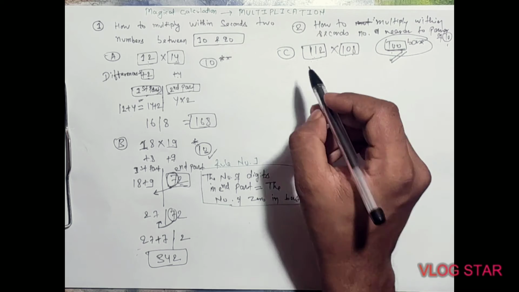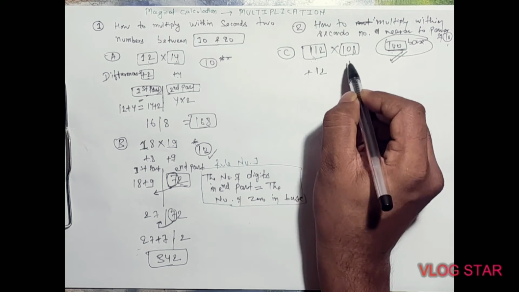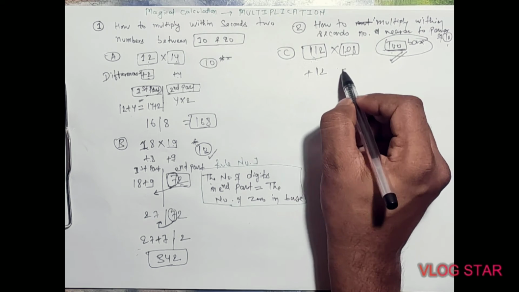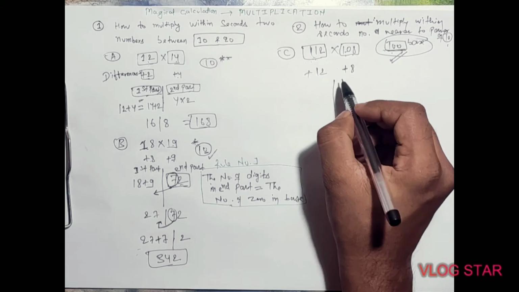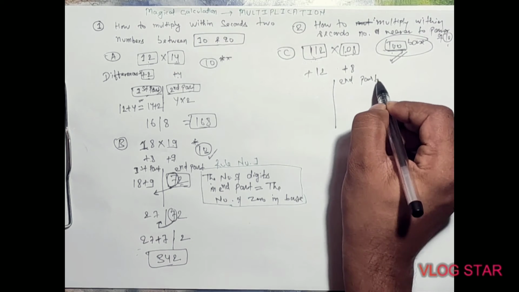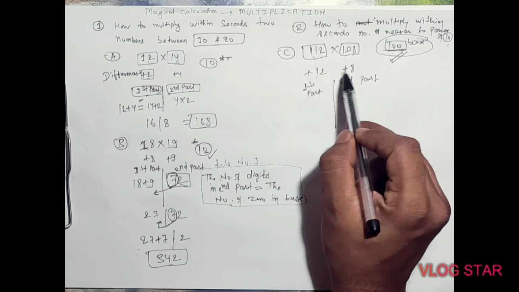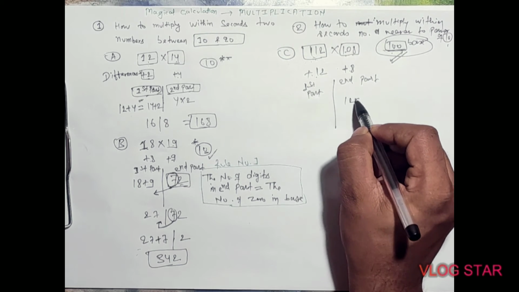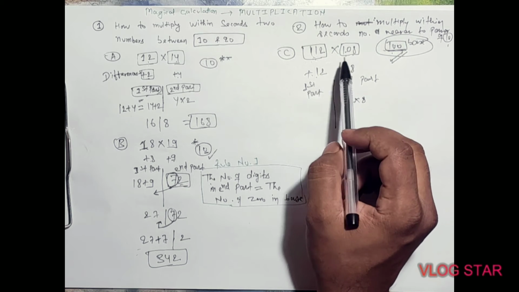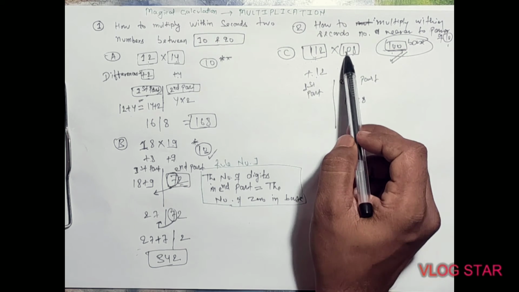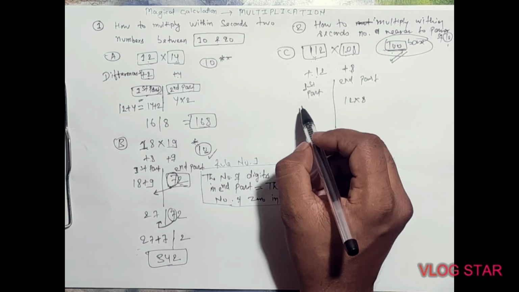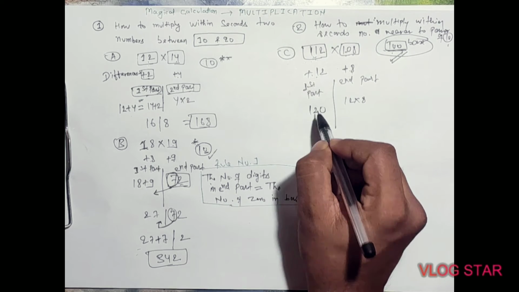Again, the difference between these two: plus 12, and the difference for this one is plus 8. Again, second part, first part. Now multiply these two numbers, 12 times 8, and add 112 plus 8 or 108 plus 12, then we will get 120.